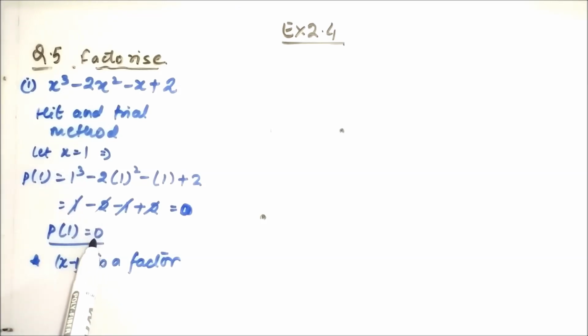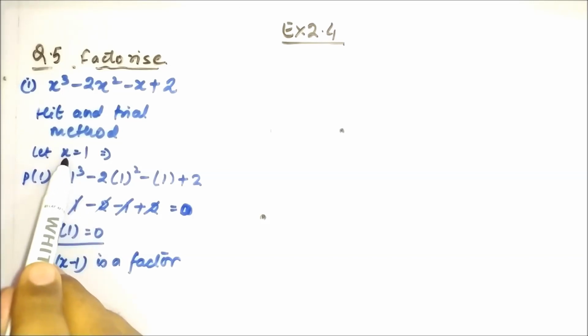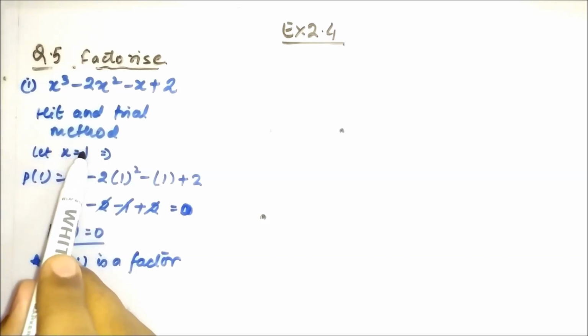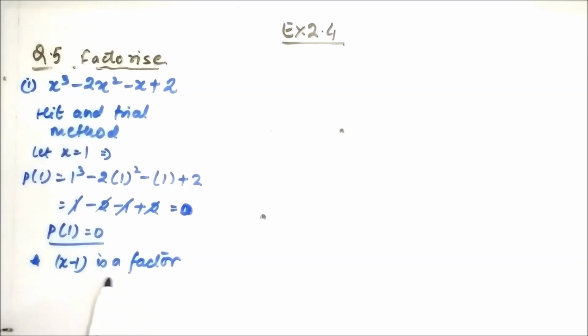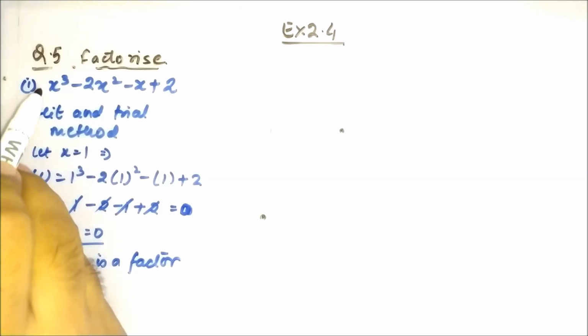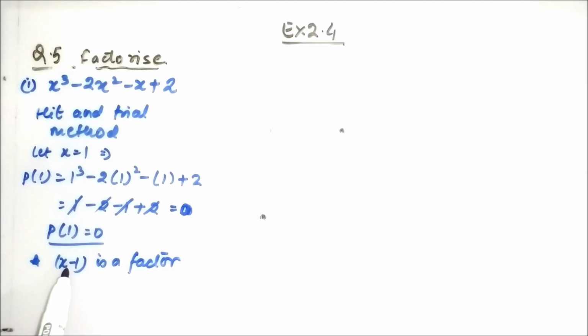Okay, so if you get value of polynomial as 0, suppose we got it at x is equal to 1, then when you shift 1 this side, it will be x minus 1. So that x minus 1 will be one of the factors. Okay, now as x minus 1 is one of the factors, if you divide this polynomial by x minus 1, definitely you are going to get the remainder as 0. By remainder theorem, this will be the remainder.